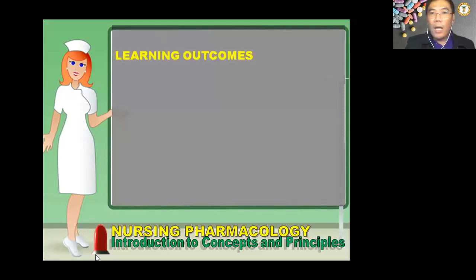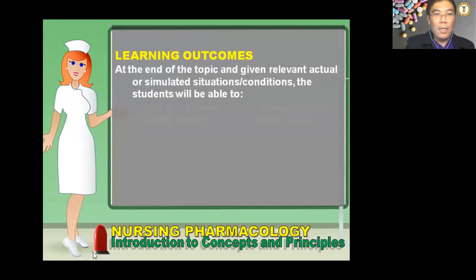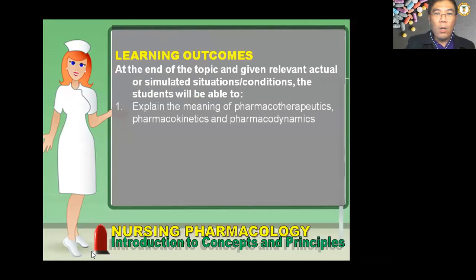The learning outcomes of the nursing pharmacology for our discussion for this week is related to, at the end of the topic and given relevant, actual, or simulated situations, conditions, the students will be able to first explain the meaning of pharmacotherapeutics, pharmacokinetics, and pharmacodynamics.